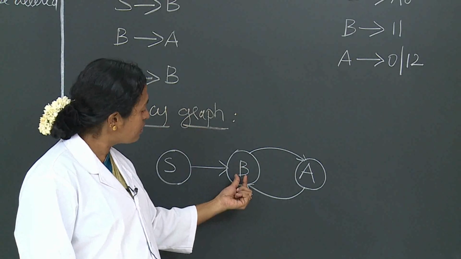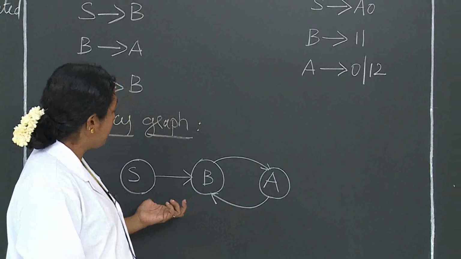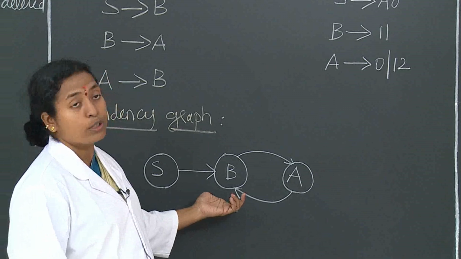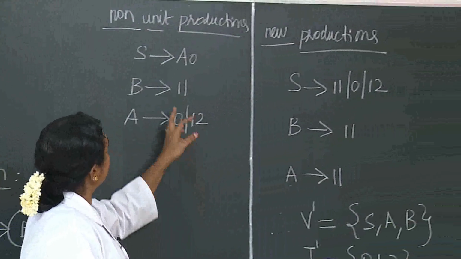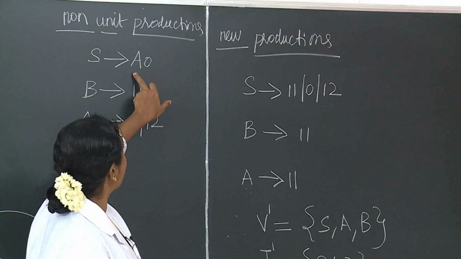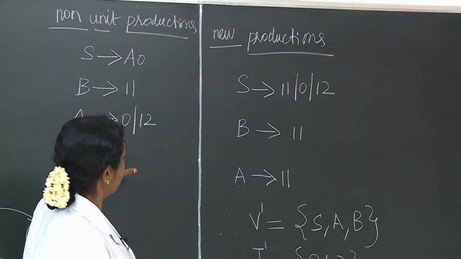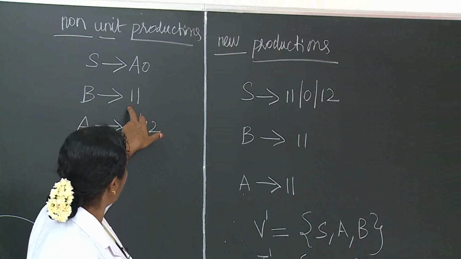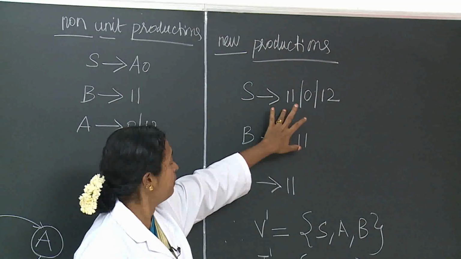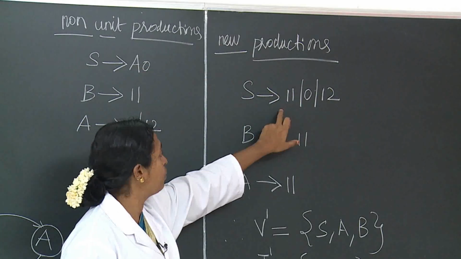So what are the productions generated by B can also be generated by A. By considering this, we can introduce new productions. Here S tends to A0, the A is replaced by the terminals of B and A: 0, 11. So instead of A, we will have 11 0 12.